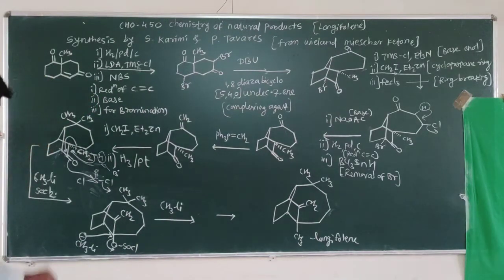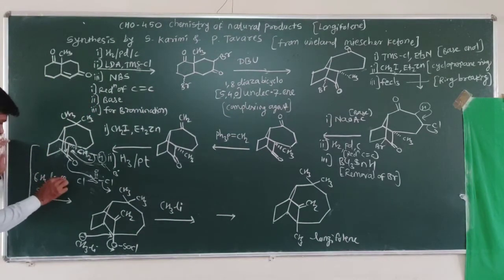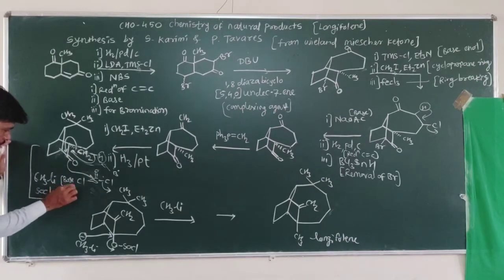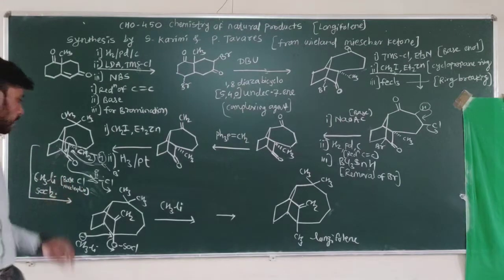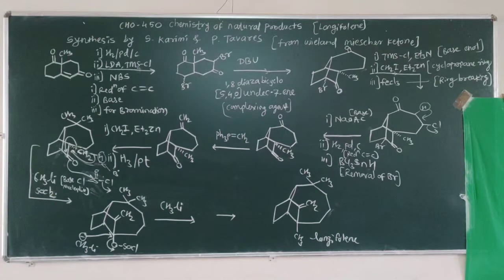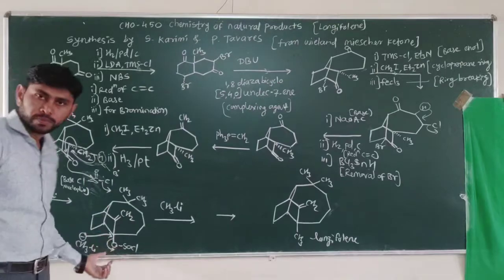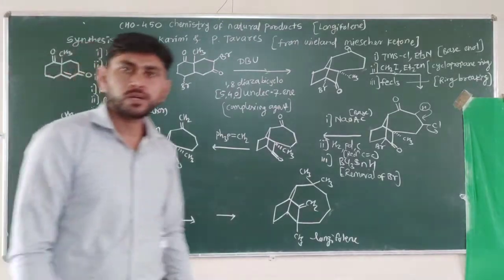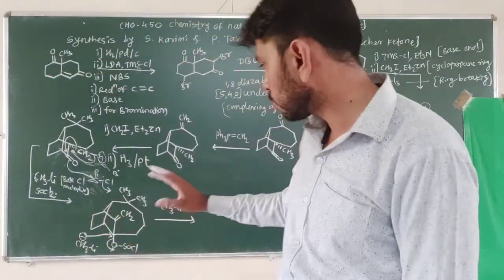So here two reagents we have used. First, it acts as a base, and in the second stage, it acts as a nucleophile. And SOCl2 is converted into a good leaving group.